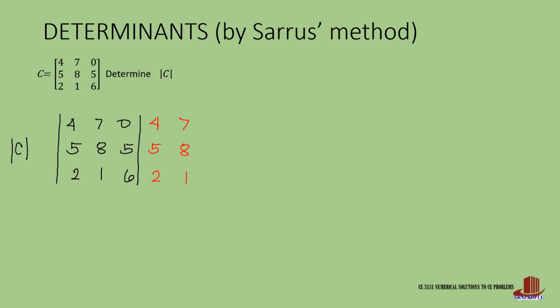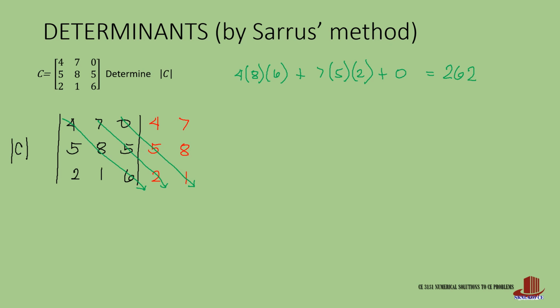And then, again, we are going to take our positives. This time, there wouldn't be any interweaving since we have reflected the two other columns. So we would still have 4, 8, and 6 for the first diagonal, plus 7 times 5 times 2 on the second, and again 0 times 5 times 1, or 0. And this would still be computed as 262.